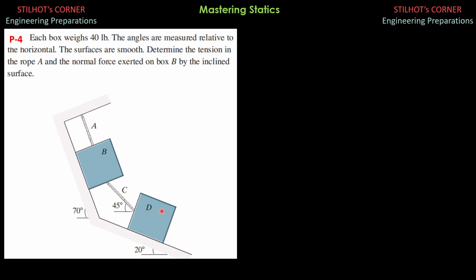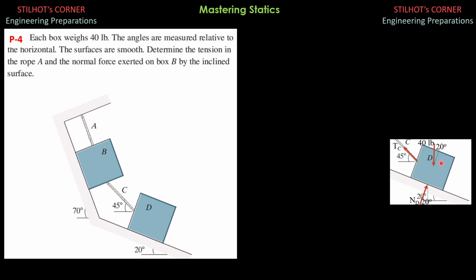So let's draw the free body diagram of body D here. The weight of the body is 40 pounds. Then the normal reaction at D makes an angle with the vertical equal to the angle of inclination, 20 degrees, and the tension at C makes an angle with the horizontal of 45 degrees.